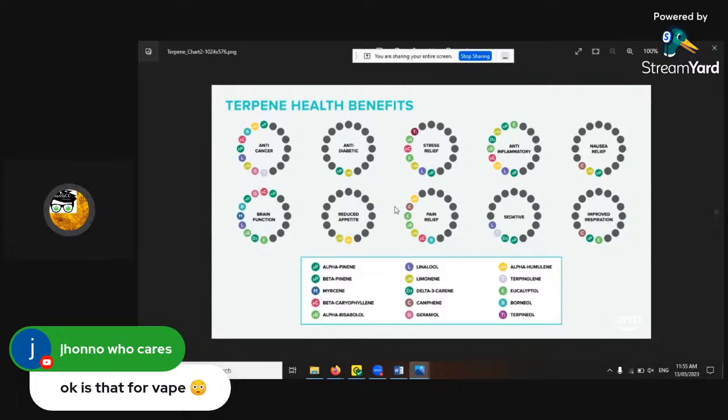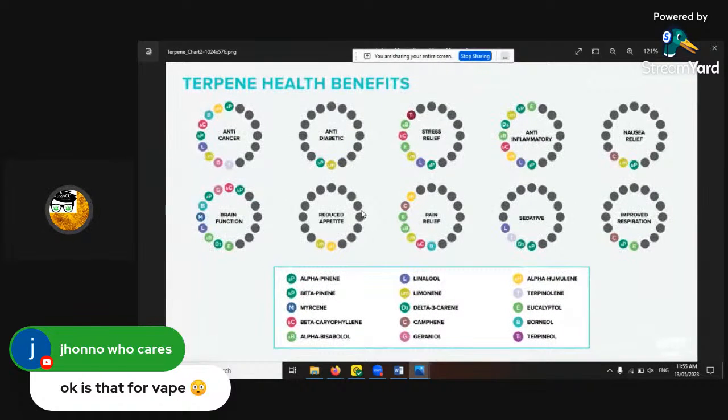If you want secondary metabolites, this is actually it. For pain relief, it's very common. You'll go down here and look at H. You want some alpha-humulene, camphene, eucalyptol, alpha-bisabolol, and beta, just to name a few, and borneol.